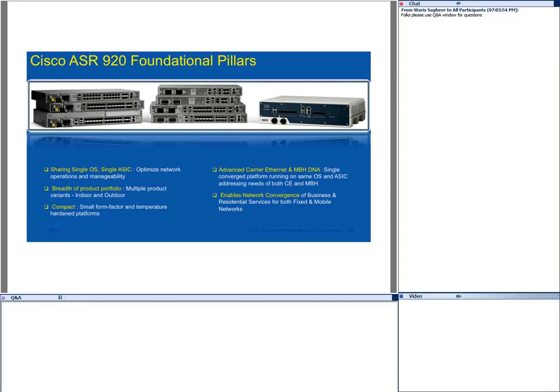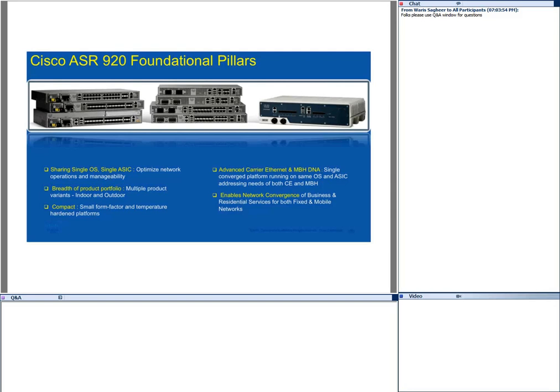You may have a TDM requirement in certain places and not in other places. So you can have pretty much the same hardware, one single ASR920 system across the network, even if there are varying demands for interfaces at different places.